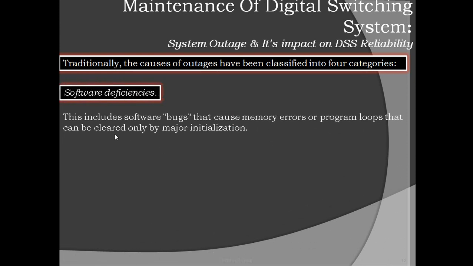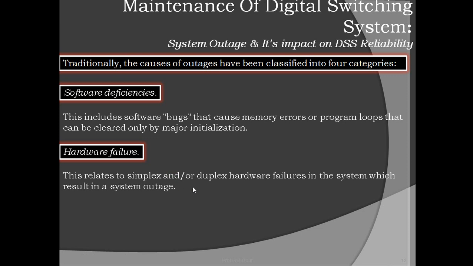Software deficiencies, which include the bugs that cause memory errors or programmable loops, which can be cleared only by major initializations, otherwise they cannot be resolved. Next comes hardware failures, related with simplex or duplex hardware failures, which is going to hamper our communication.